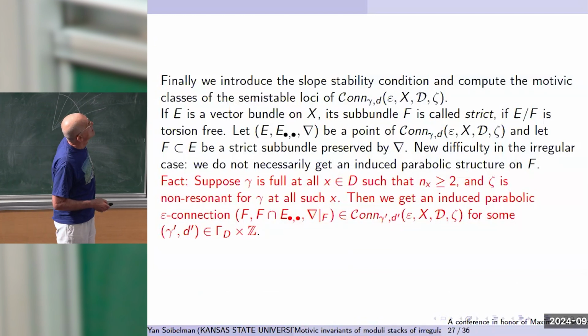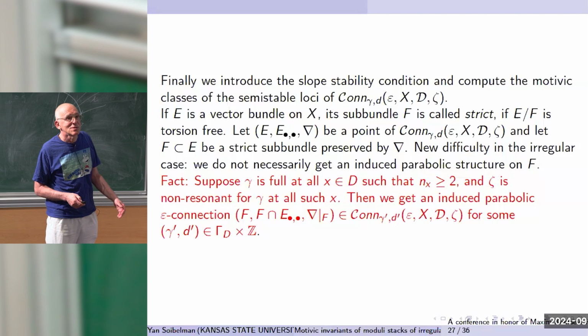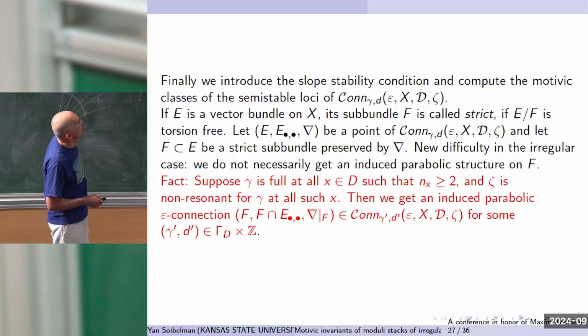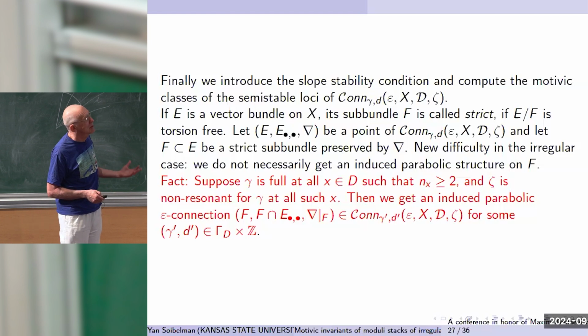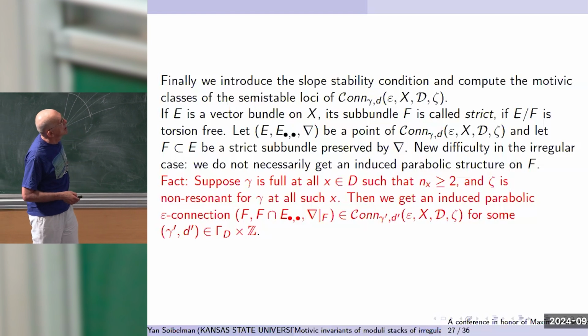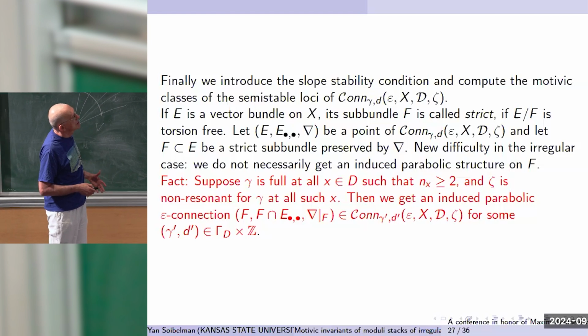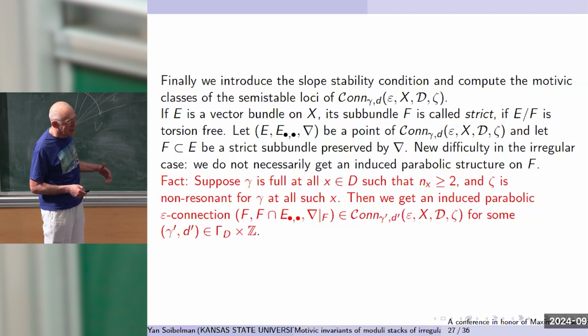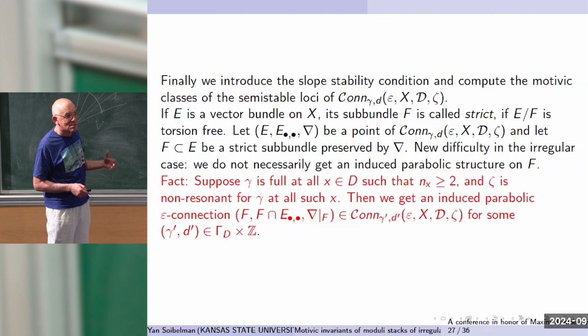Well, I have only a couple of minutes, so Philip, especially when we introduce a stability, we can do it. It's a slope stability. The only problem is that when we consider in the irregular case a subbundle of a parabolic, it's not necessarily parabolic.